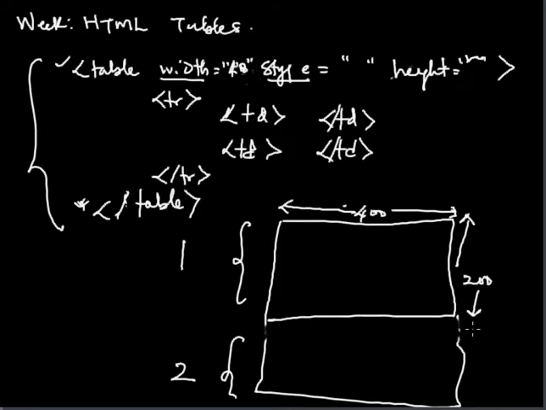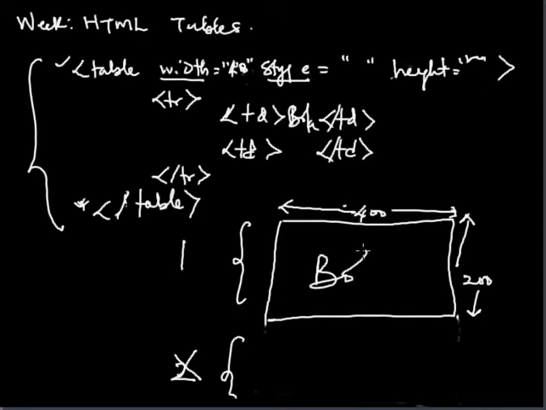So I'm going to delete this because it's not part of what was designed up here. And then we're going to close it here, and this is just only one table row. And let's say this is Bola. We wrote Bola here.